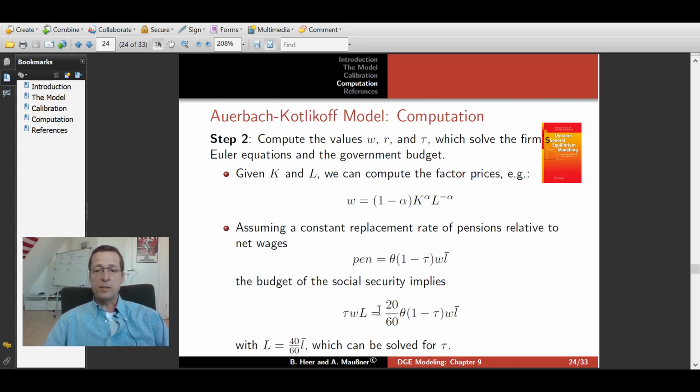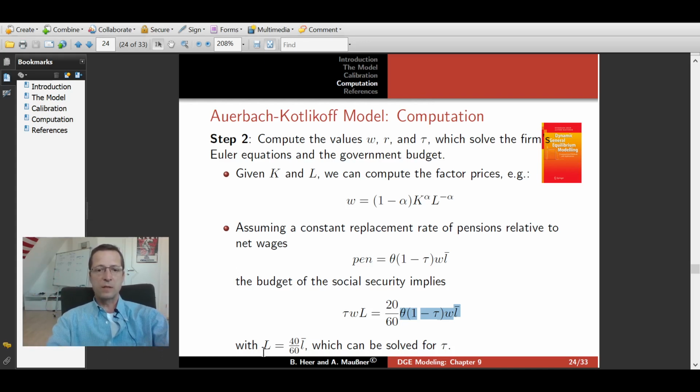Now, what are the expenditures on pensions? So the pension is equal to theta times 1 minus tau times w times L bar. And the number of people who receive these pensions is 20 over 60, 20 cohorts of retirees relative to 60 cohorts in the population.